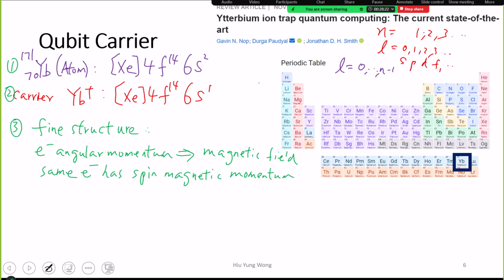So this is B and this is mu. Do you agree? It is moving, so it produces a magnetic field, but it also has a spin. Then a spin inside a magnetic field, what will happen? Of course, you create a Hamiltonian equal to negative mu dot B.